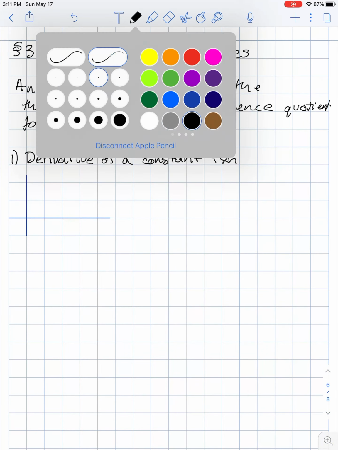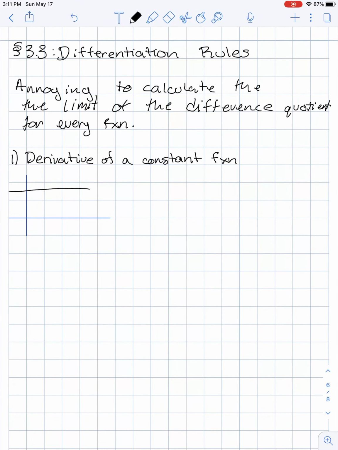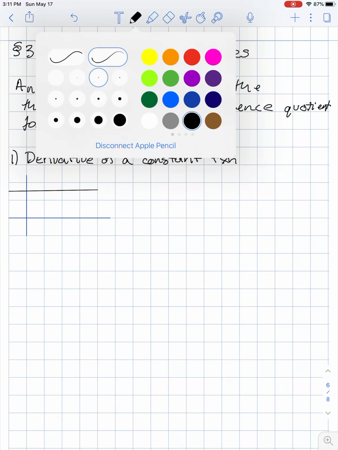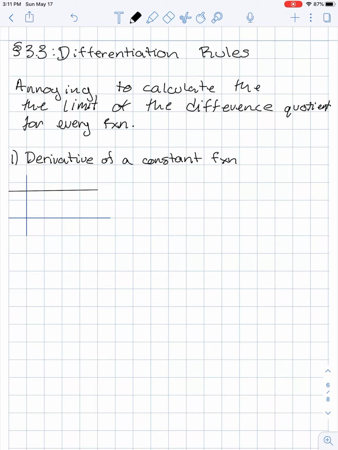So if we have a constant function, that's just some line, right? It's a straight horizontal line. So we say that if f of x equals c, where c is a constant, so we just call that guy c, then what's the slope of that line?